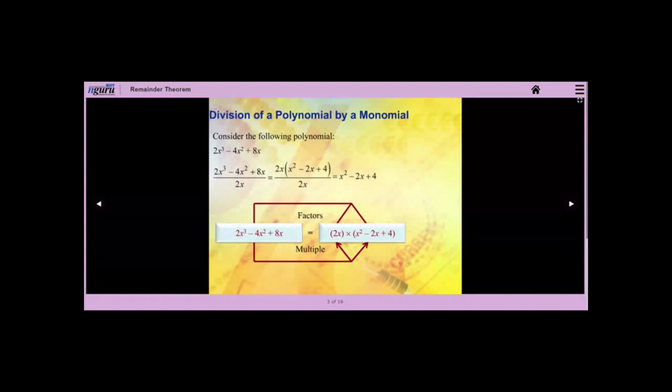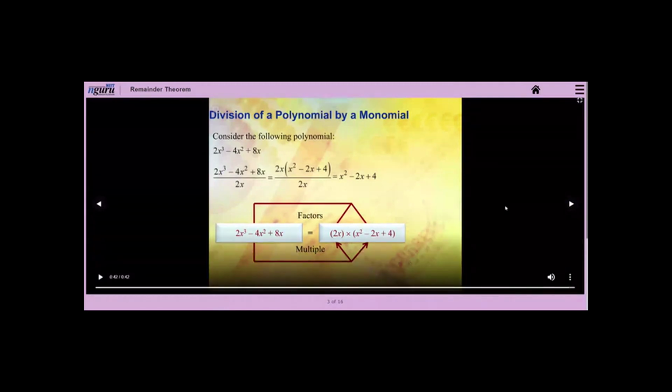Here, 2x and x squared minus 2x plus 4 are the factors of the given polynomial, and 2x cubed minus 4x squared plus 8x is a multiple of 2x as well as x squared minus 2x plus 4. Did you understand this? Yes, ma'am. When you divide, you will get the factor. The quotient is the factor. The divisor is a factor. The dividend is the multiple.